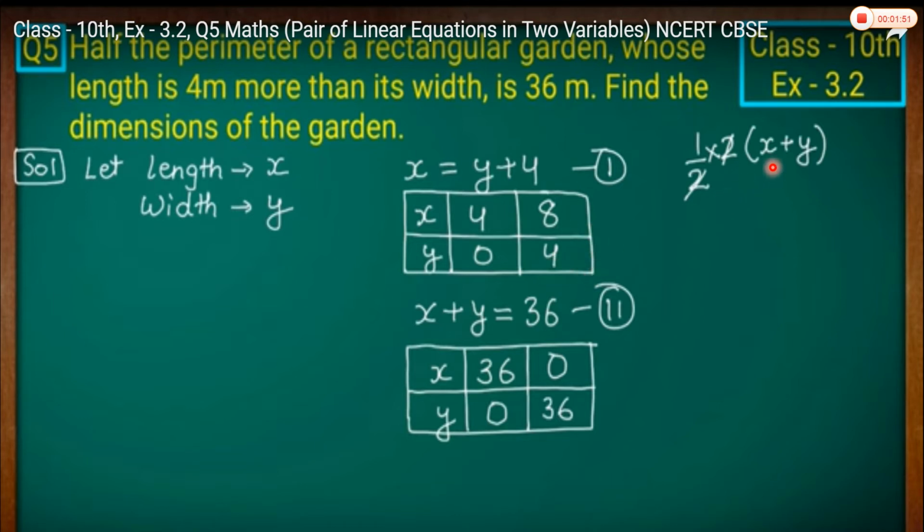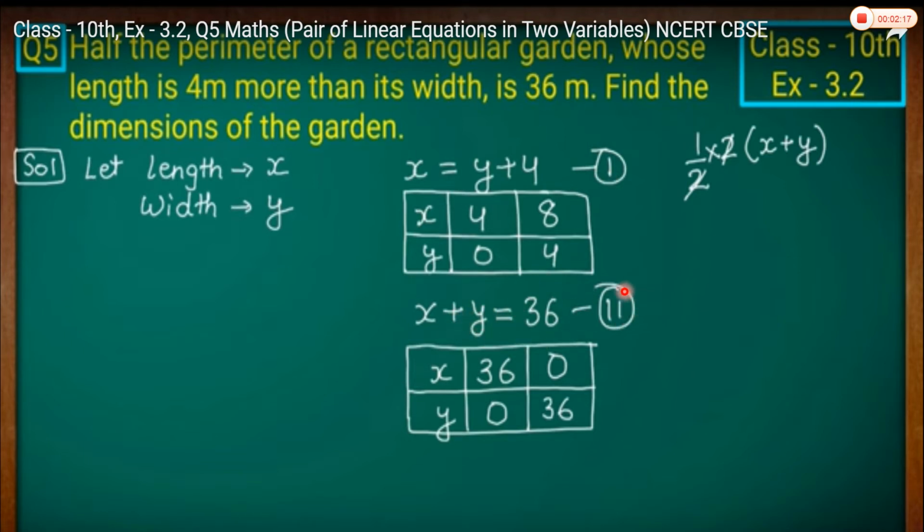And from the second equation, the perimeter of a rectangular garden is 2 into (L plus B), that means 2 into (x plus y). Length is x and width is y, but here half of the perimeter is given, so divide by 2. Then 2 and 2 cancel, and 36 is given, so x plus y equal to 36.